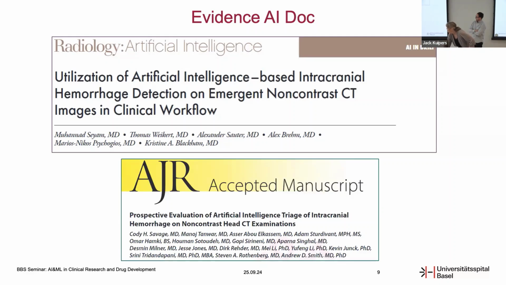And the reason why I want to say it's a little different is that these are doctors in hospitals who are just saying, hey, I have a medical student who needs a project. What can we do with this AI tool that we've been using? Let's look at before the AI, after the AI, is our turnaround time different? Are we better at calling intracranial hemorrhage?